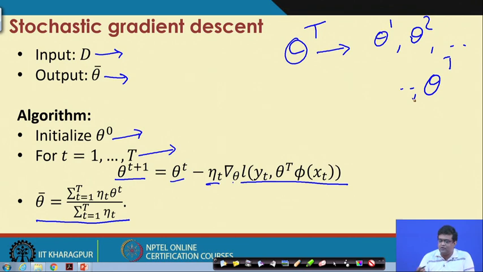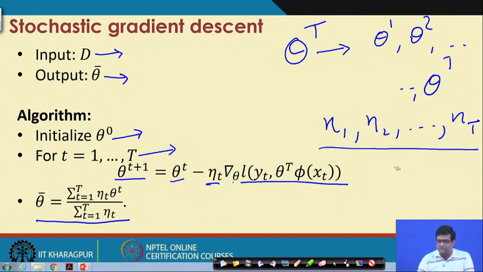Okay. And now, you have also seen the learning rates, which are of course positive, which is eta 1, eta 2 and like this eta t, eta capital T, and now you divide them all by sum over eta t. Okay.